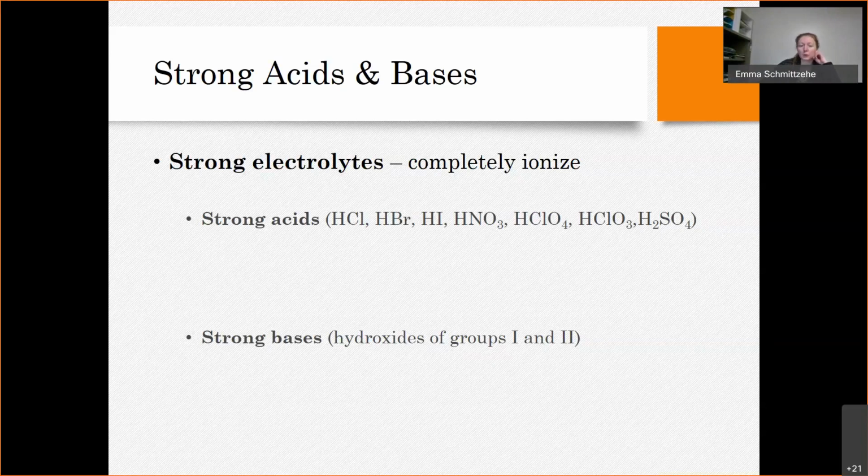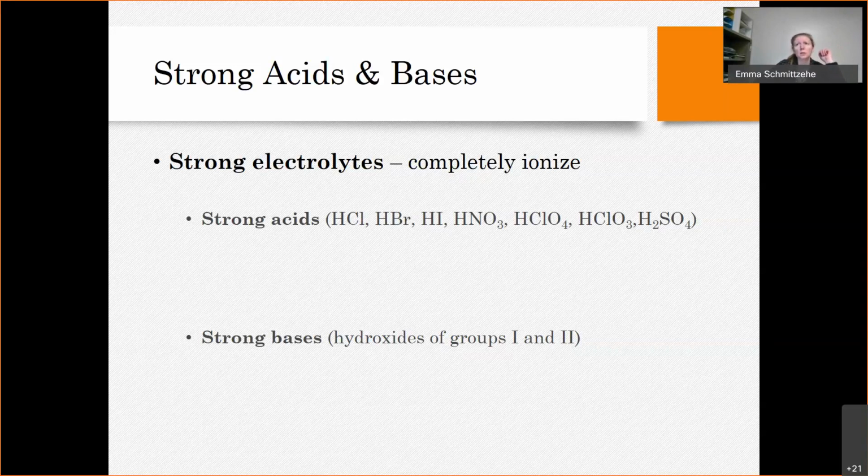And so I give you a little bit of indication here of what types of substances fall into these categories. So strong acids, we do typically limit it down to these 7 that I have listed here, okay? Sometimes people draw the line at a little different place, but pretty much the things that split apart completely acting as acids in solution are going to be limited to HCl, HBr, HI, HNO3, HClO4, HClO3, and H2SO4, as you can see there, okay?